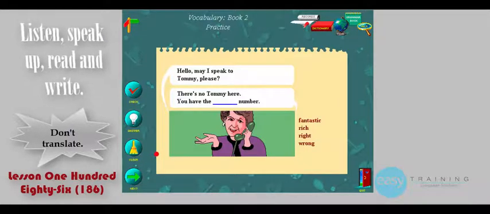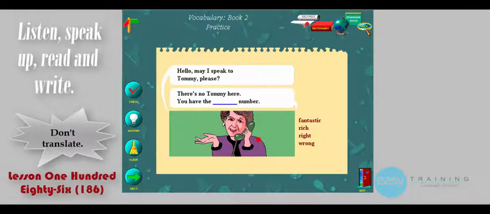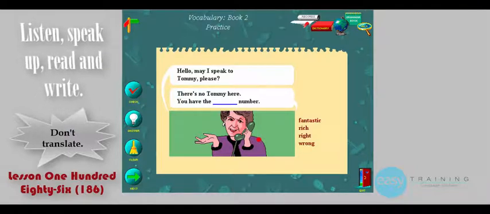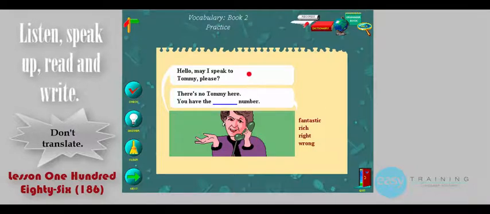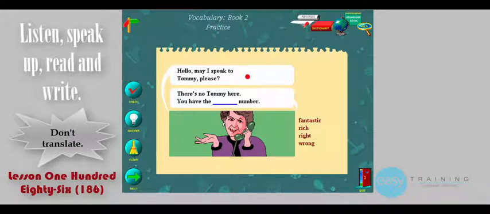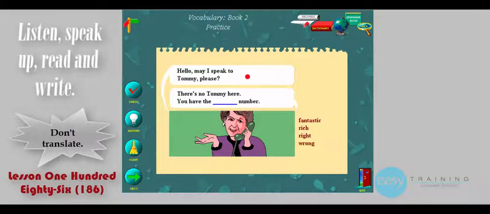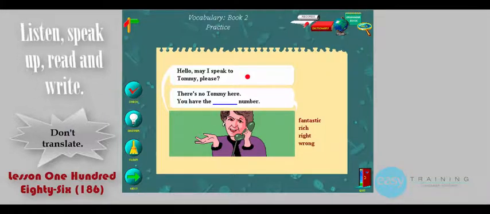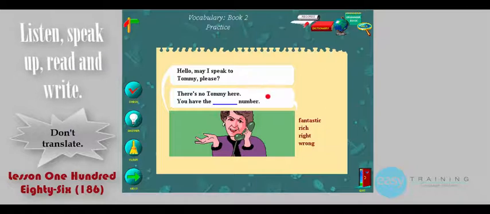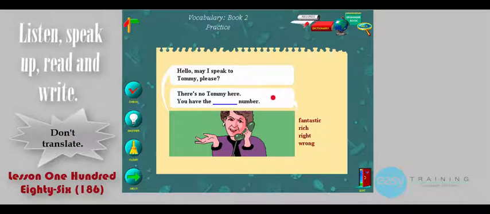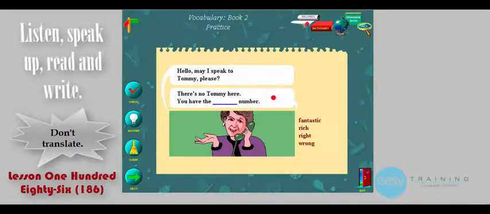Here is this woman talking on the telephone with someone. She says, "Hello, may I speak to Tommy, please?" And the recipient answers, "There's no Tommy here.